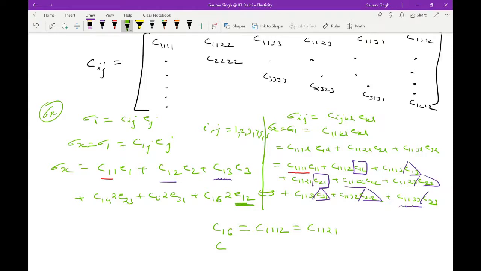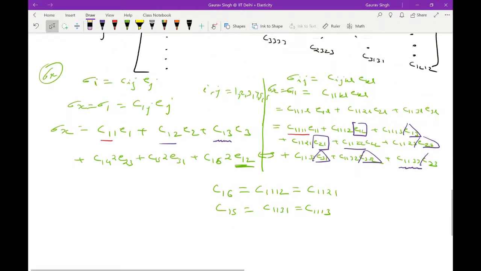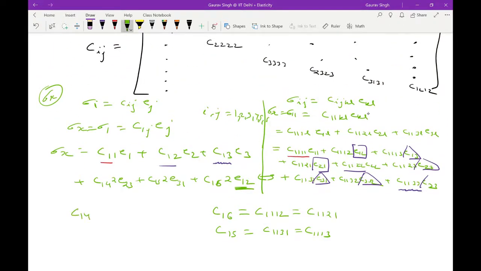And C15 will be equal to E31, C1131 equal to C1113. And similarly C14 will be equal to E23 is over here. That would be C1123 equal to C1132.